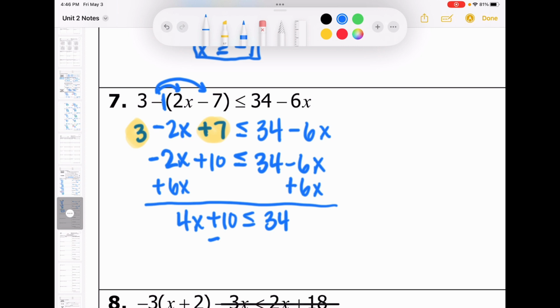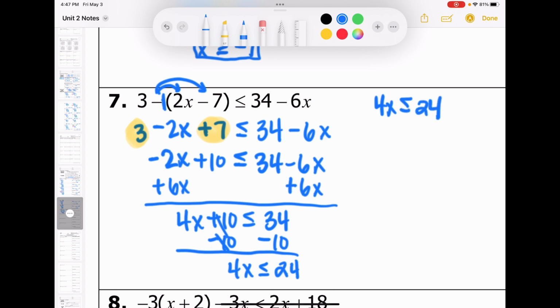And then I need to move all my numbers to the right, so I'm going to subtract 10 on both sides. I ran out of room, so I'm going to rewrite it at the top, and then my last step is to divide by 4. So x is going to be less than or equal to 6.